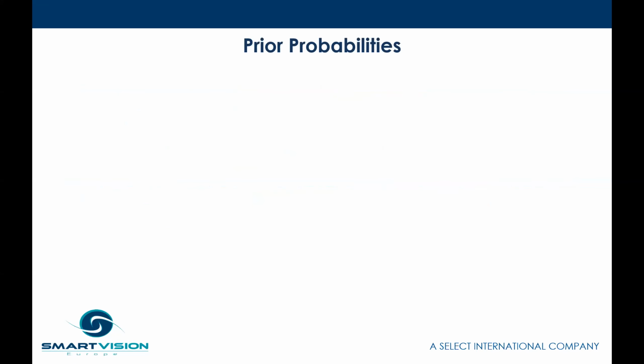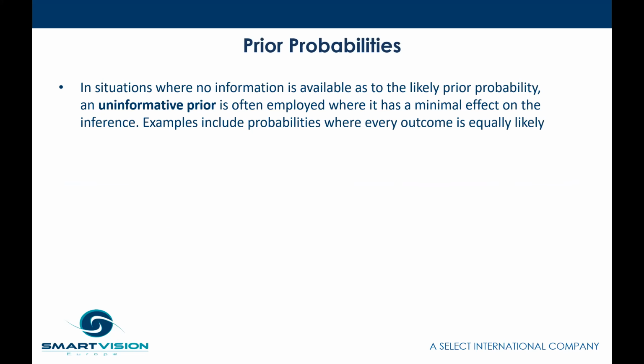So prior probabilities, let's talk about them in detail a wee bit here, because if you start to look at Bayesian stats, you will see these terms starting to pop up. And I don't want to get into it in too much detail, but I need to explain what they refer to. There are going to be situations where you just don't have any information at all. You've just got no idea.